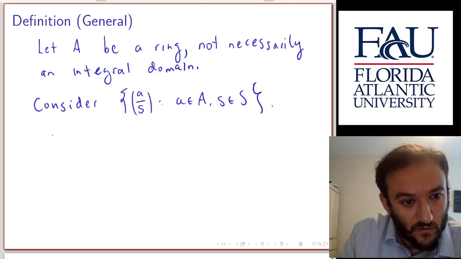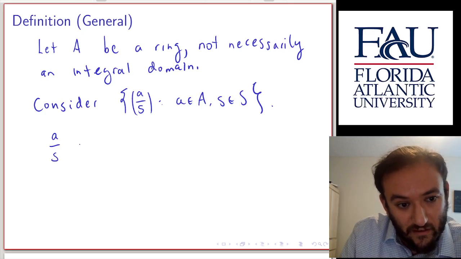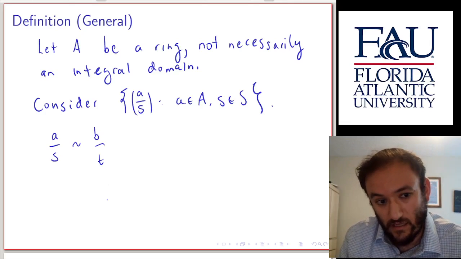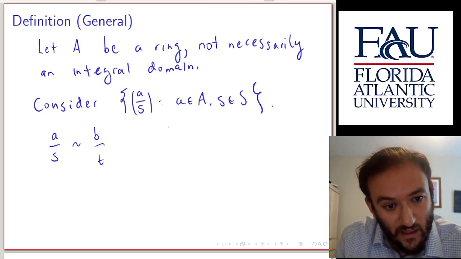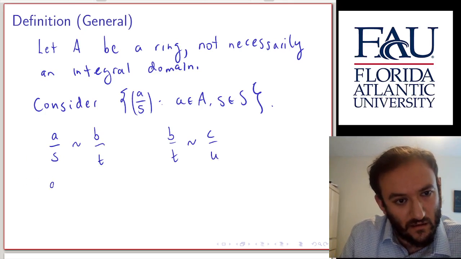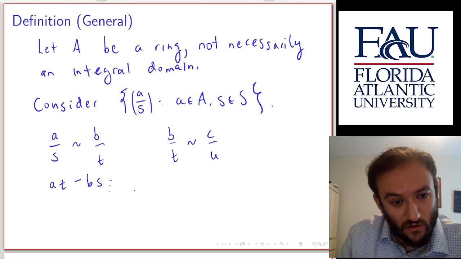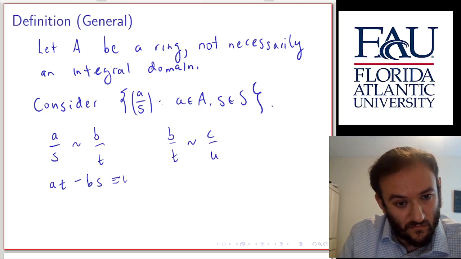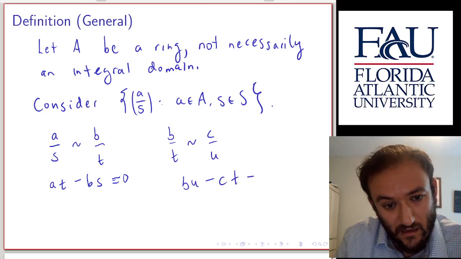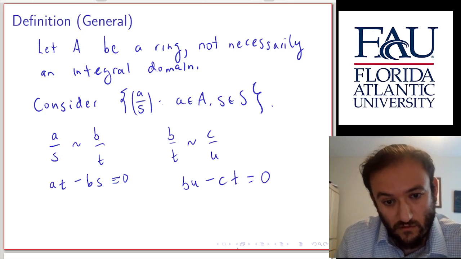So the problem is, suppose we have A over S, and we're saying this is equivalent to B over T in this equivalence relation. Then we have B over T is going to be equivalent to C over U. Okay, so what would that mean? So we would have AT minus BS is equal to 0 in this ring, and BU minus CT is equal to 0.